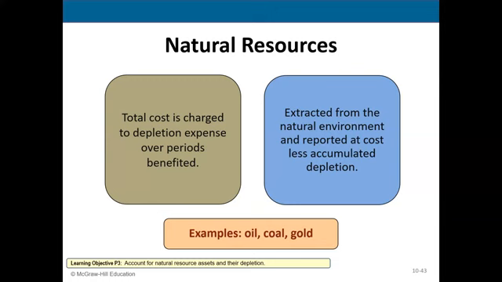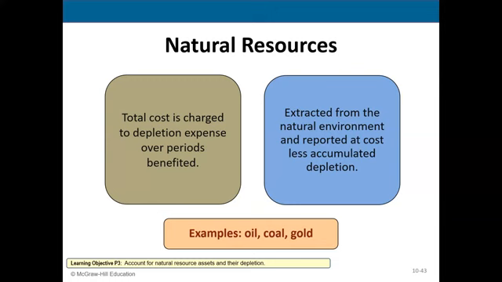There's a bunch of minerals out there. If your business is in mining or extracting natural resources from the earth, you need to account for the depletion of those resources.